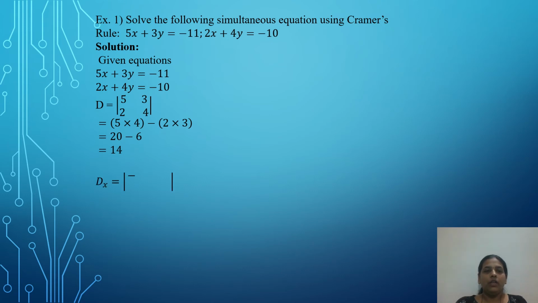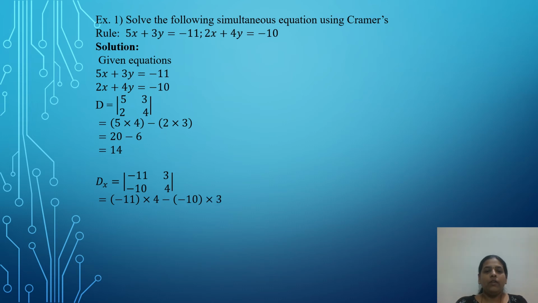After that, calculate Dx. How to calculate? The coefficient of x is replaced with the constants. That is, instead of the x coefficients, we put the constants here, that is minus 11 and minus 10, and the coefficients of y are 3 and 4. Then multiply minus 11 into 4 minus, in the second bracket, minus 10 into 3.